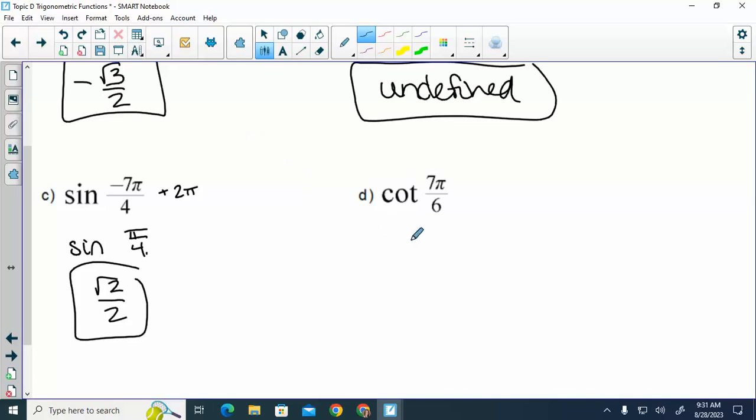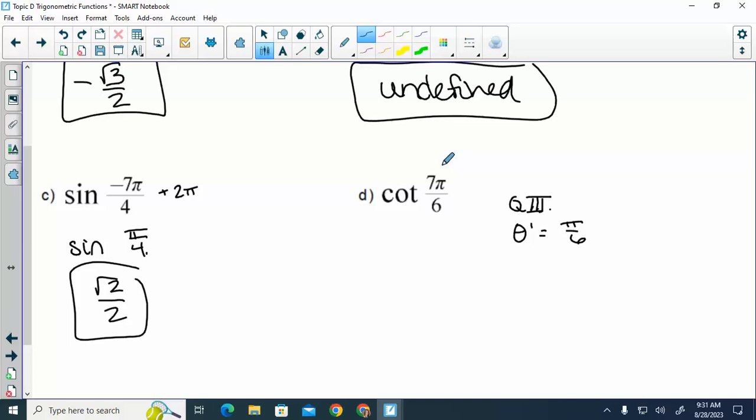Alright, D. Cotangent of 7 pi over 6. What quadrant is 7 pi over 6 in? Reference angle would be a pi over 6. So in quadrant 3, all students take T is for tangent, and cotangent does the same thing because they're reciprocals.